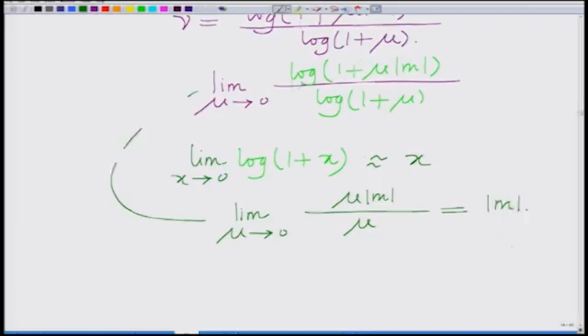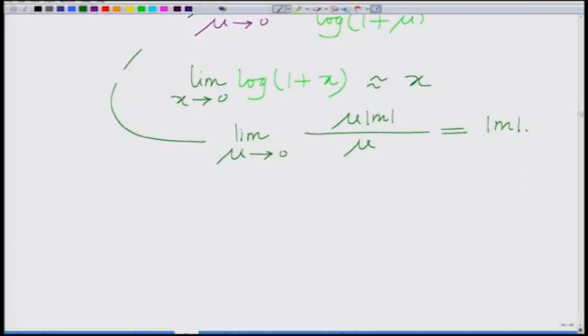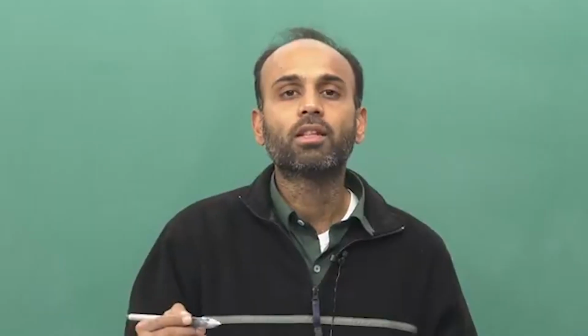That is, phi of magnitude of m, where phi is the compressor, is simply magnitude of m, which means this characteristic is a linear characteristic, simply a straight line. The samples are unaltered.